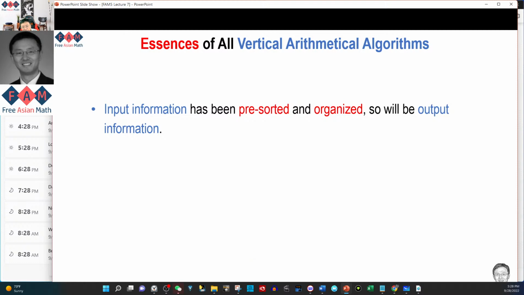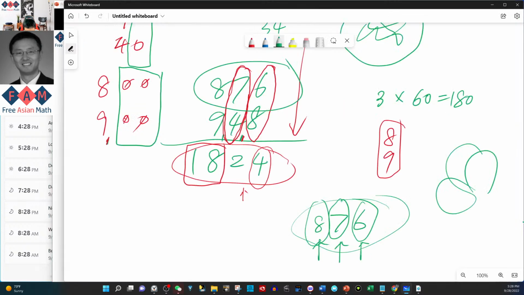But remarkably, the output will retain exactly the same organization, right? Remember, our output here is 1,824. That means that the input 876, 948, they have been nicely prepacked for you. But when you execute the algorithm, you did not break down that well-organized structure. You don't destroy the information therein. You use it. You take advantage of it.